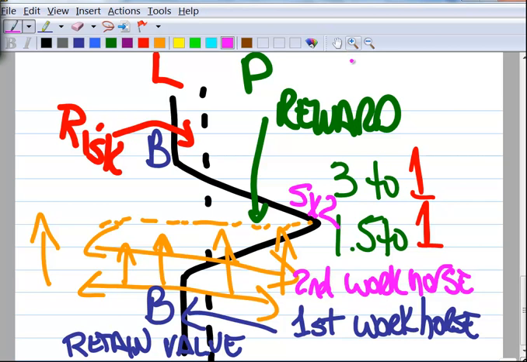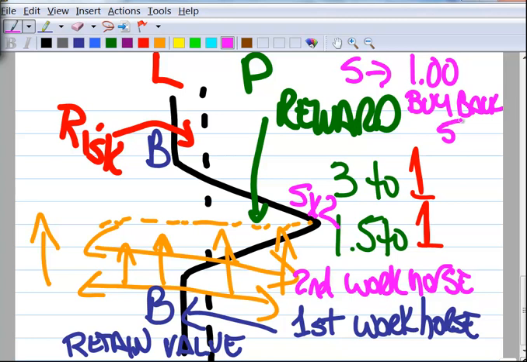So if I originally sell it for, let's say, $1, and I can buy it back for, let's say, 50 cents, what's my net value? I get 50 cents that I get to keep in my pocket.